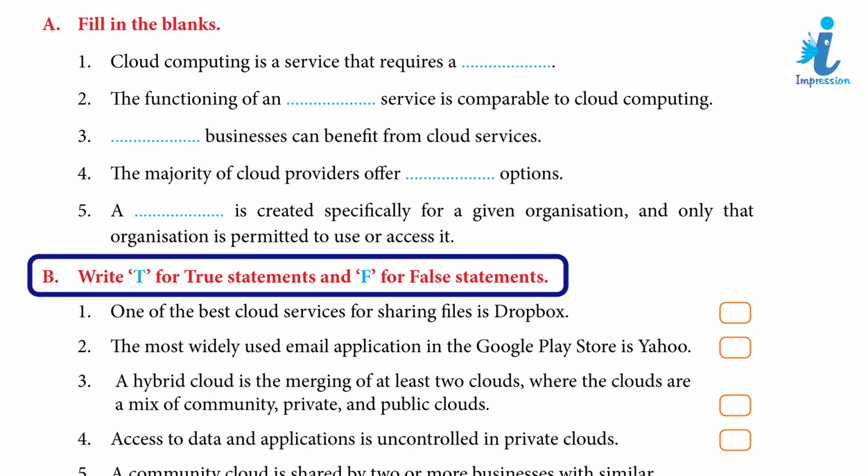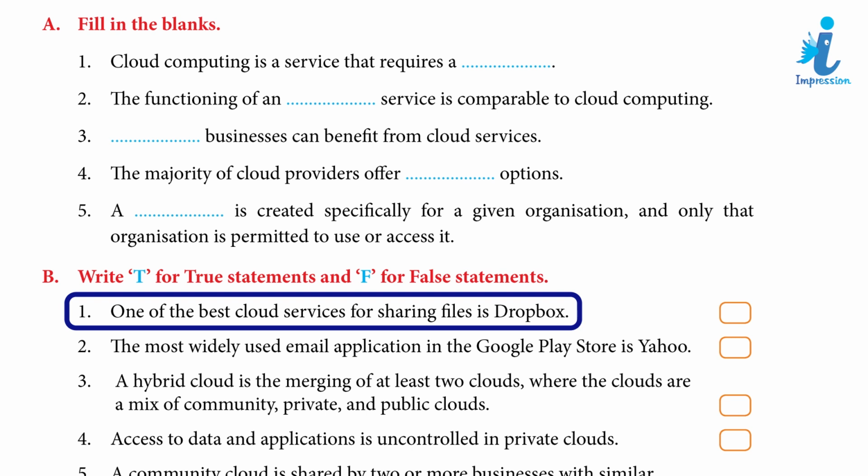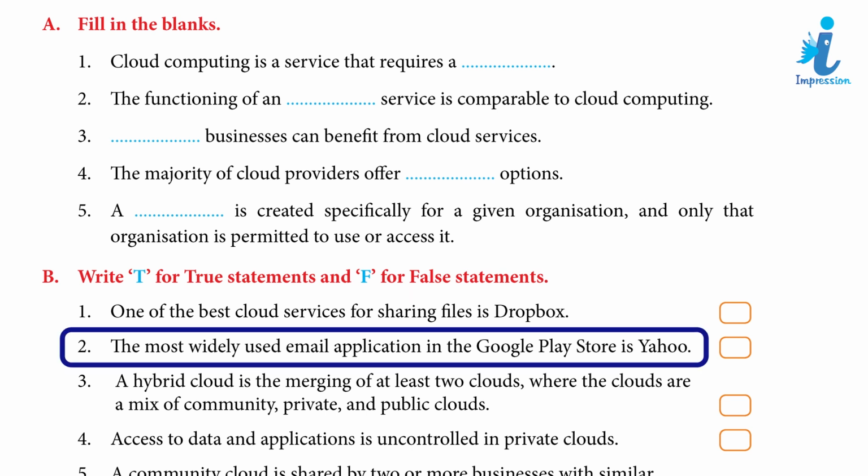B. Write T for true statements and F for false statements. 1. One of the best cloud services for sharing files is Dropbox. Answer: true. 2. The most widely used email application in the Google Play Store is Yahoo. Answer: false. 3.